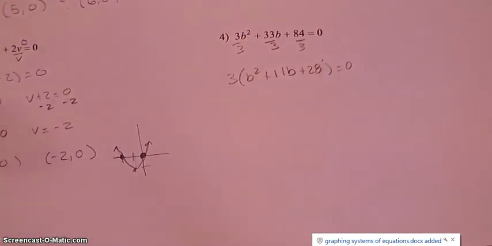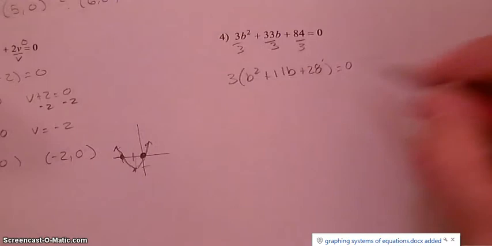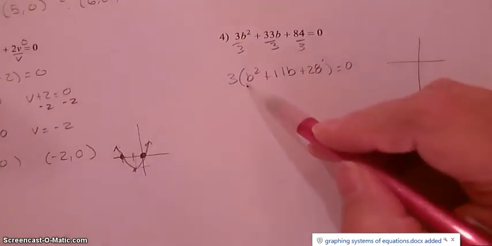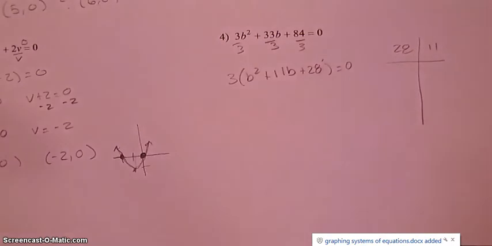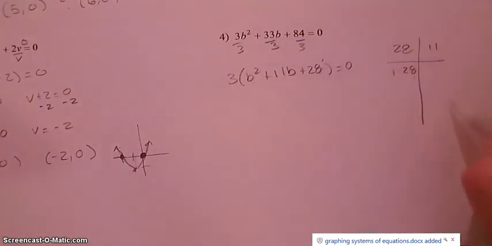Now I'm looking for factors of 28 that add to 11, because my new a is 1. 1 times 28 is 28, and I want something that adds to give me 11. 1 and 28 can't get 11 that way. 2 and 14: I could subtract 2 from 14 to get 12, but then it would be a negative 28. 3 doesn't go into 28, 4 does. 4 goes 7 times.